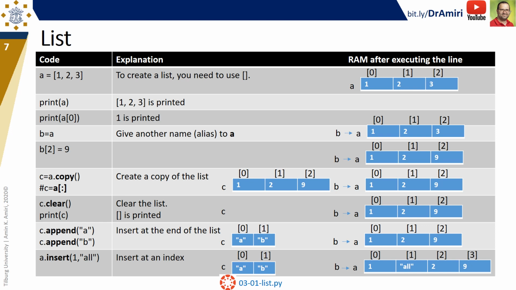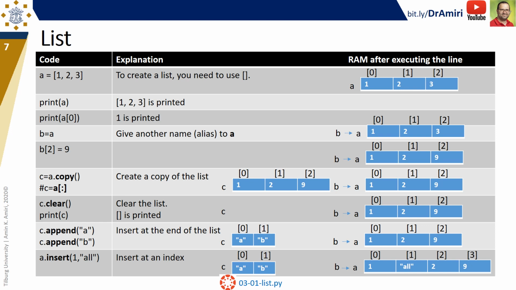It calls the first one 0. So everything starts from 0 in Python. So the 0th storage box stores 1. The first storage box stores 2, and the second storage box stores 3.